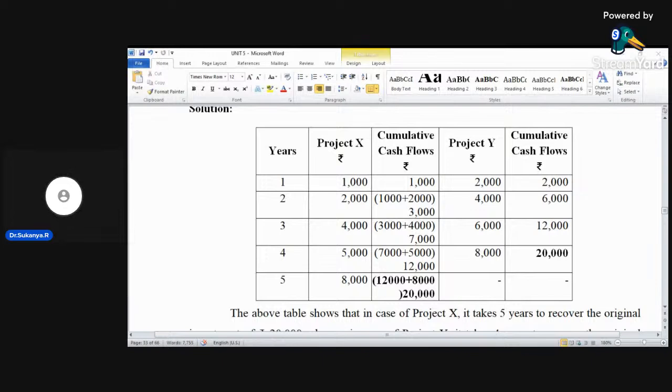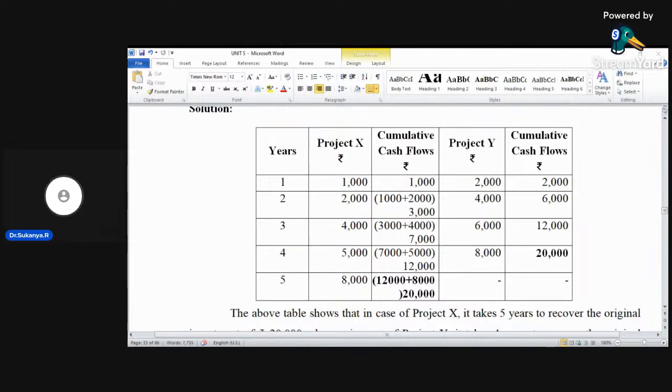For the second year, you should take 2000 plus 4000, that is the cash inflow of the next year. So it comes to 6000 rupees. For the next year, you have to take 6000 plus 6000, which comes to 12,000 in the third year. And for the fourth year, it will be 12,000 plus 8,000, which comes to 20,000 in the fourth year.